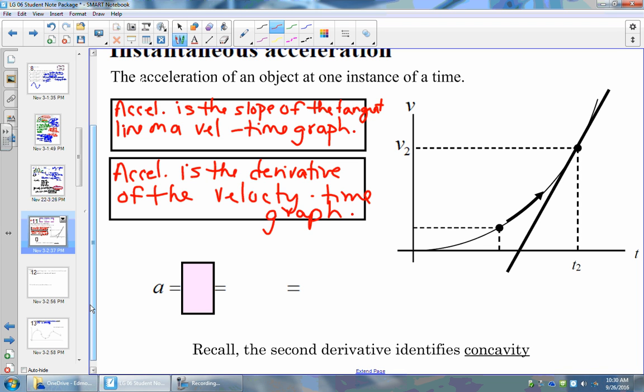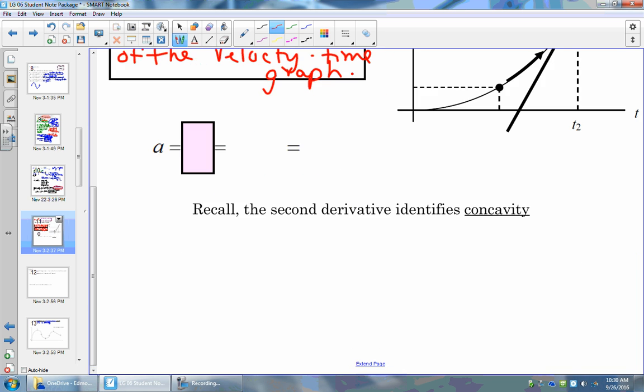Okay. So if we're talking velocity time graph, this must mean that our acceleration is going to be dv over dt. And it's the derivative of velocity, which means it must be the second derivative of my position time graph.